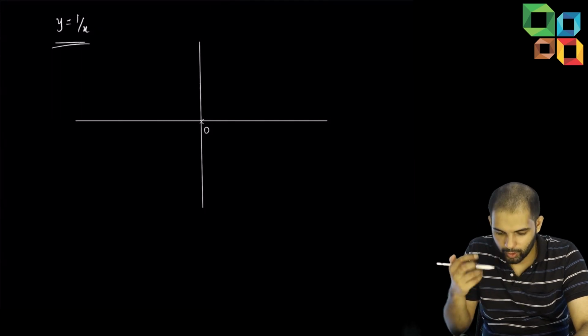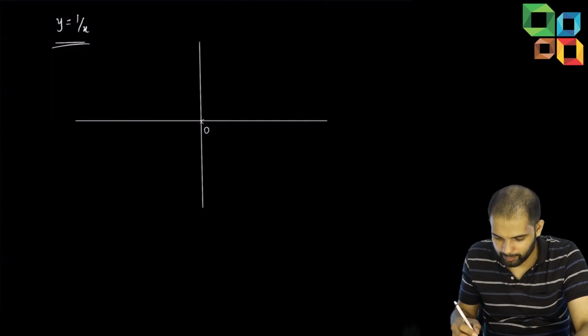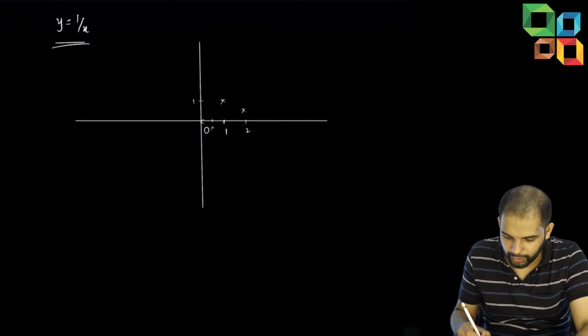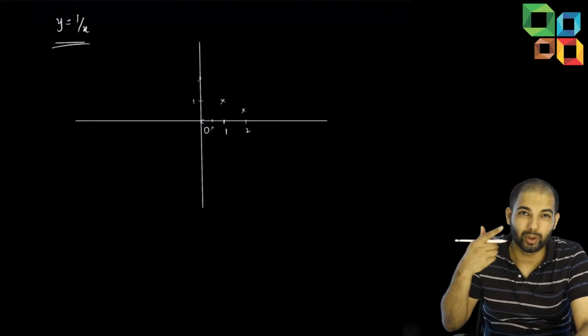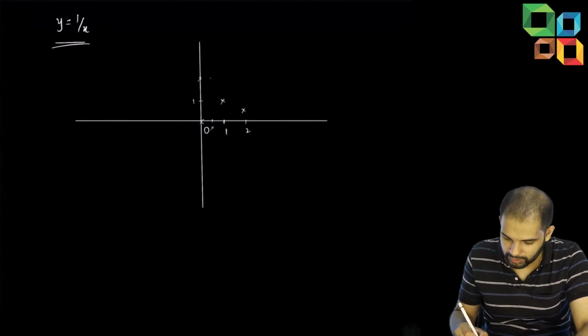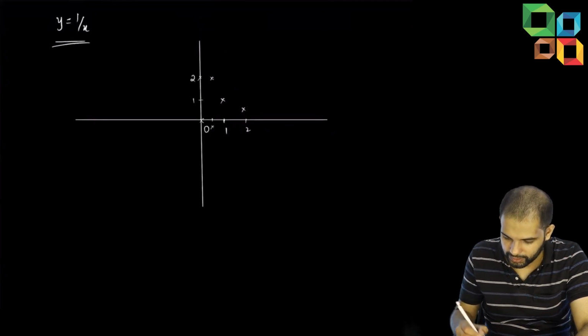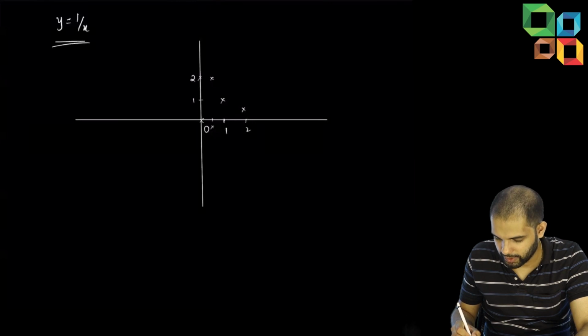Yes. So when we took some points, I think standard points would be x equal to 1, everybody would have taken, right? So something here. When you take x equal to 2, this is half. Correct? But if you take x equal to half, which is somewhere here, you're going to get 2 because this is a reciprocal. That's it, right? So you're going to get 2, something here. Now I think you can see where we are going with this. Correct? So when you take 3, it's 1 by 3.